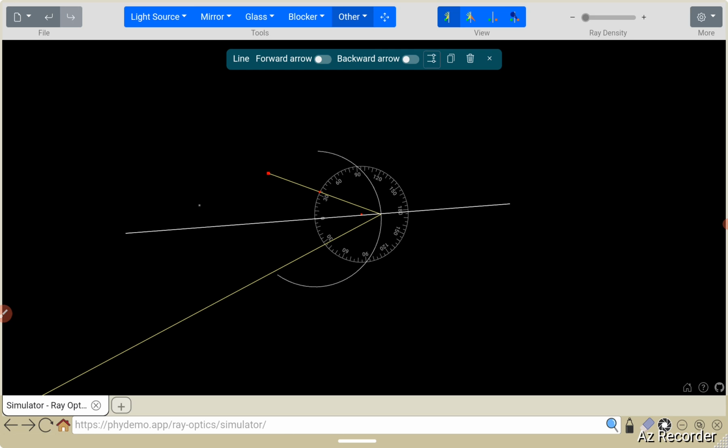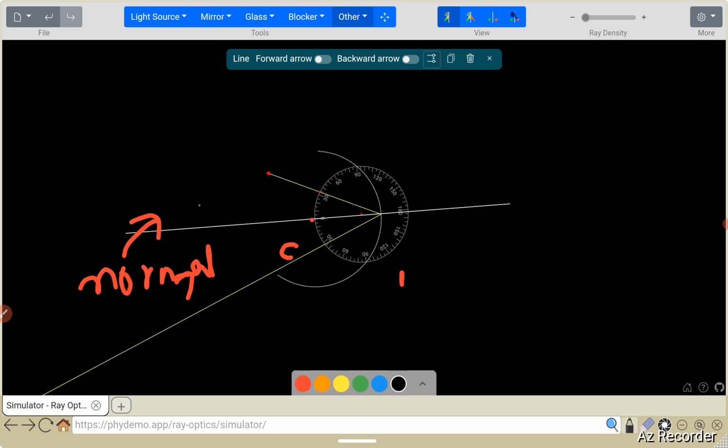Observe here the angles are correctly marked. Understood? This is angle I and this is angle R because this is incident ray and this is reflected ray. Understood? Now this is the imaginary sphere and center will be somewhere in the middle. Understood? These are the 4 ray rules of concave mirror.